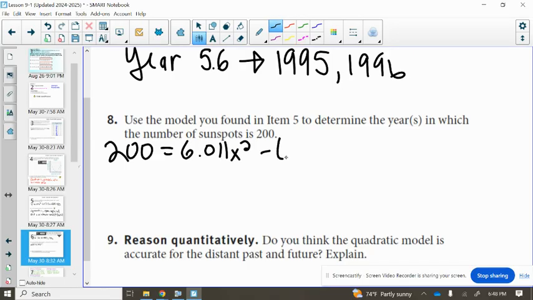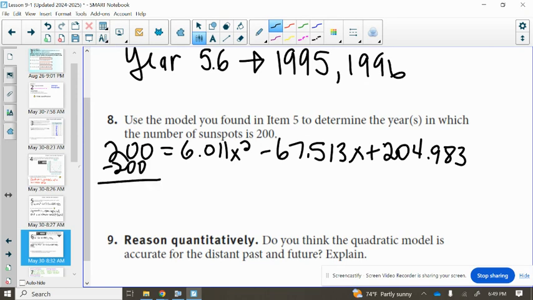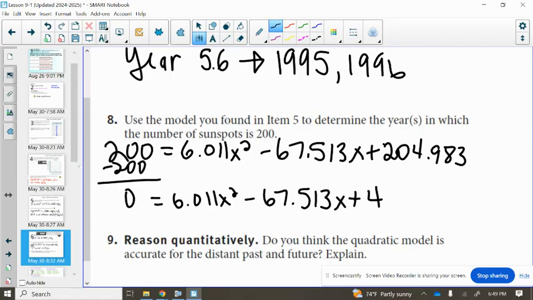So we have this that we could set equal to 200, and then essentially we're able to set this equal to 0 by subtracting over the 200. And what this would allow us to use is the quadratic formula, since factoring is not an option right now, and actually solve, since we subtracted 200, using the quadratic formula for what years those sunspots would be occurring.